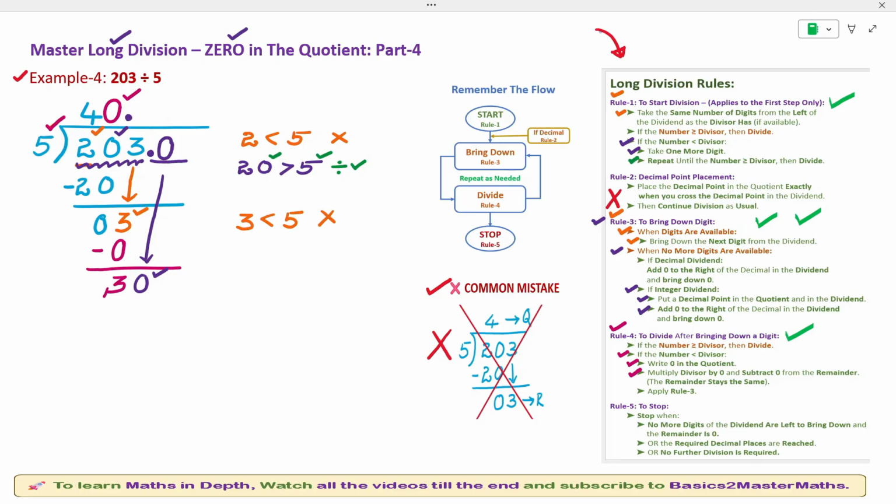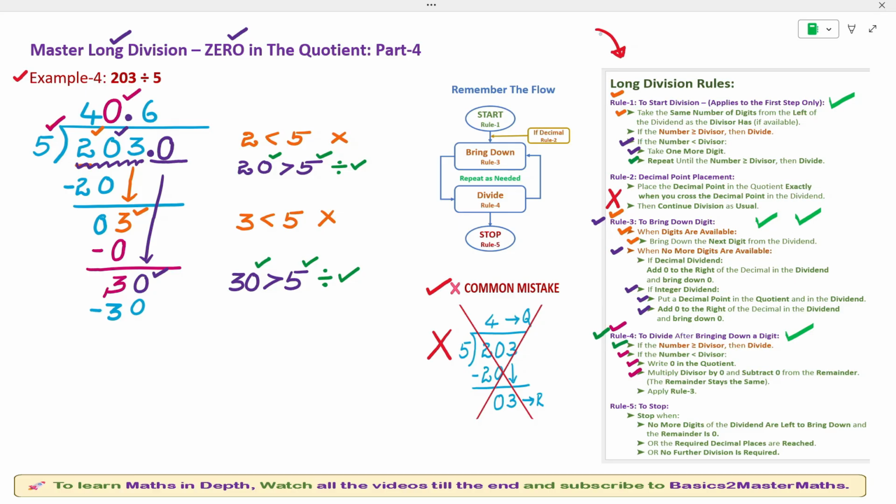Observe. Now the number is 30, which is greater than the divisor 5. Now let us apply rule 4 again. If the number is greater than or equal to the divisor, then divide. 5 sixes are 30.